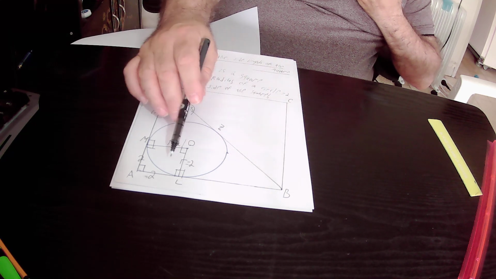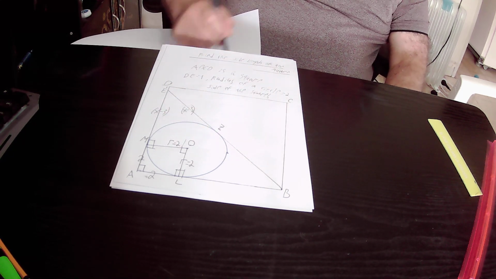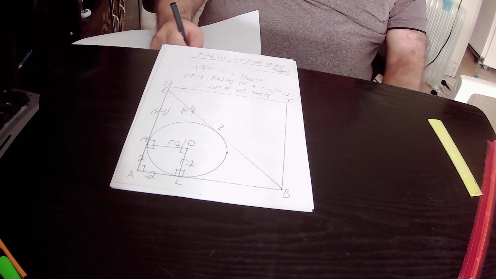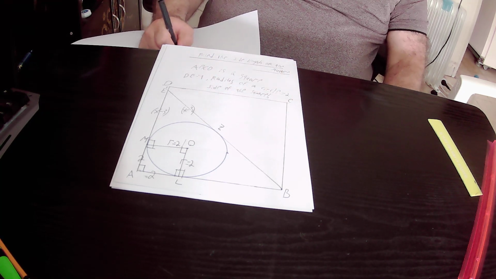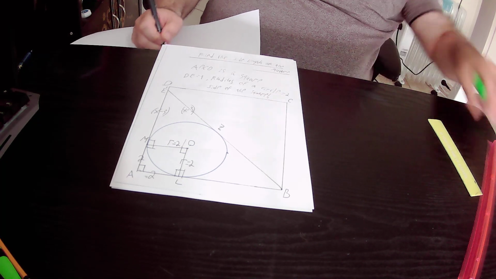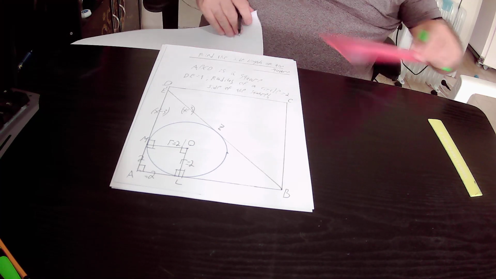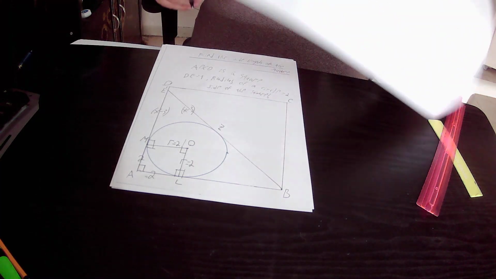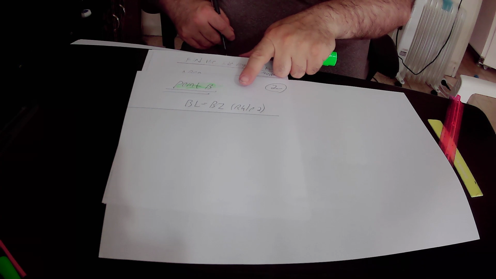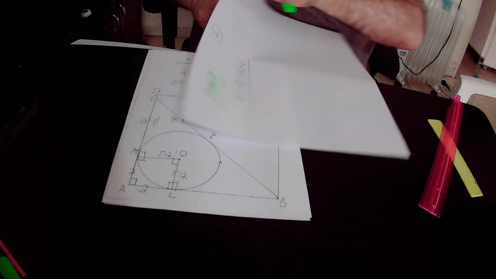The first tangent is tangent BL, and the second tangent is tangent BZ. And according to rule number 2, the lengths of those two tangents are equal to each other. So here, BL equals BZ, according to rule number 2.